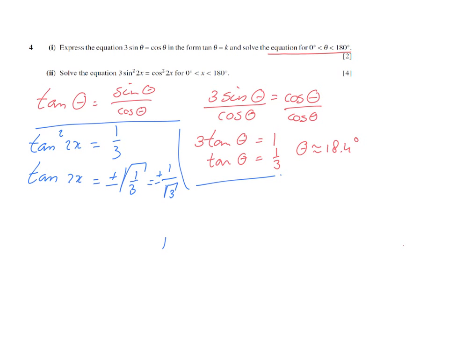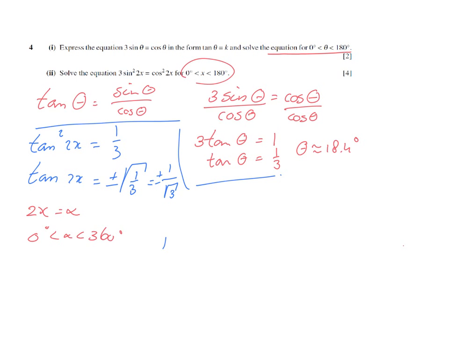There we go. Then before I continue, I've got to do something with this 2x over here. So I have to say, well, 2x, I will call that, for instance, alpha or theta or beta, whatever you want to call it. But then, as a result, also the domain will change. So if we say 2x is alpha, then the domain will go from 0 to twice as large, so to 360 degrees.